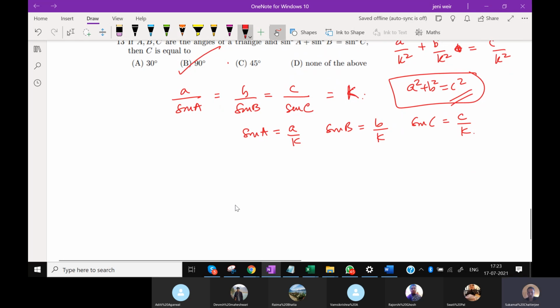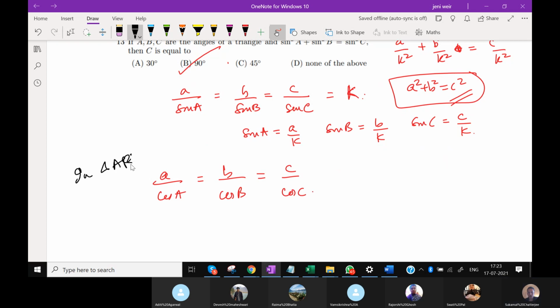Okay, just to mention here that if it is given a by cos A is equal to b by cos B equal to c by cos C in a triangle ABC, this is given. So what is the value of angle A? 60 degrees, sir.